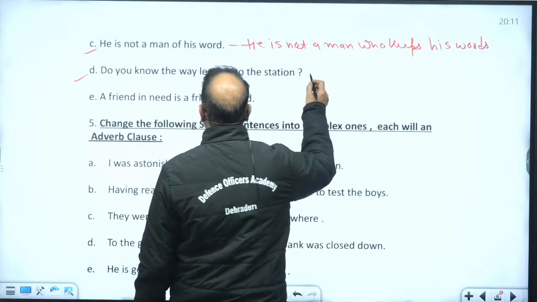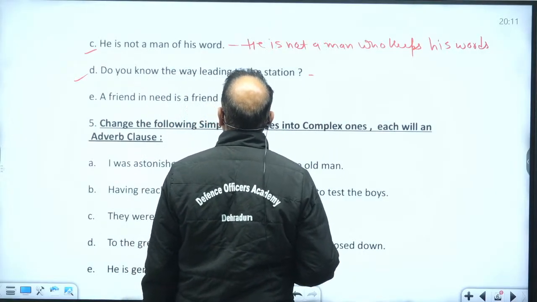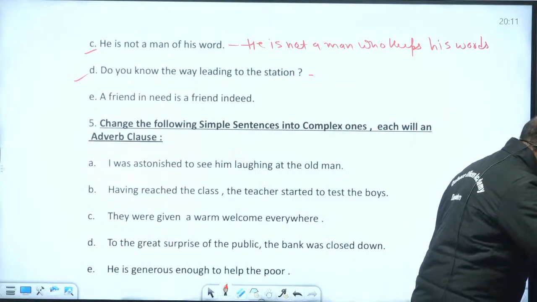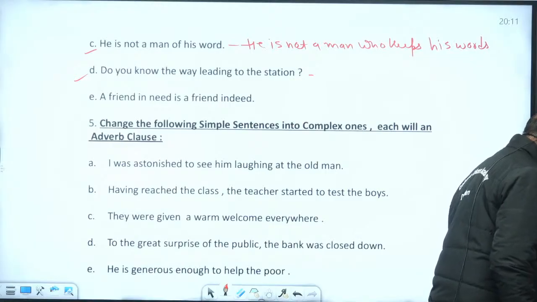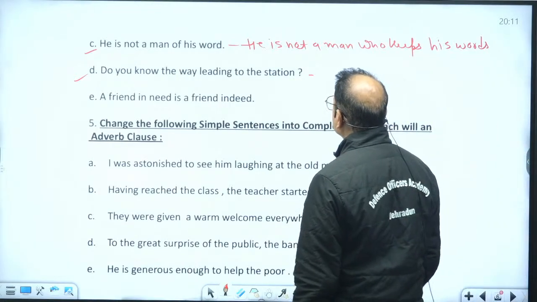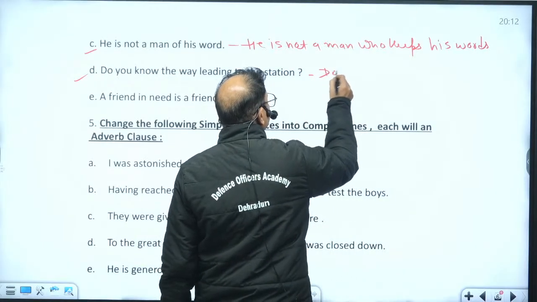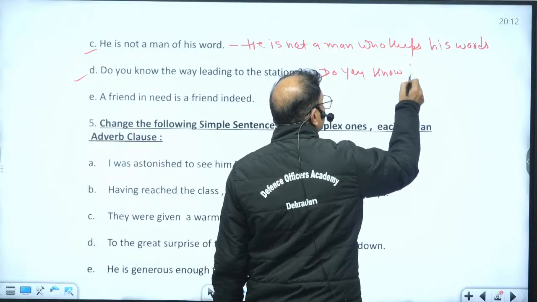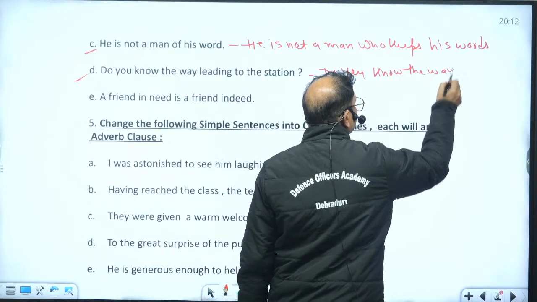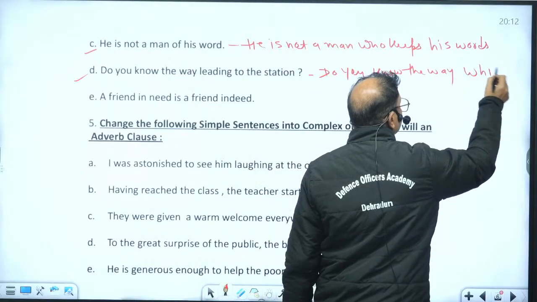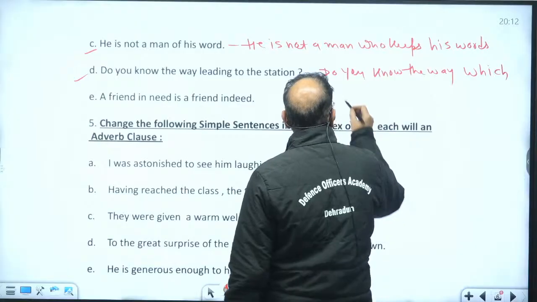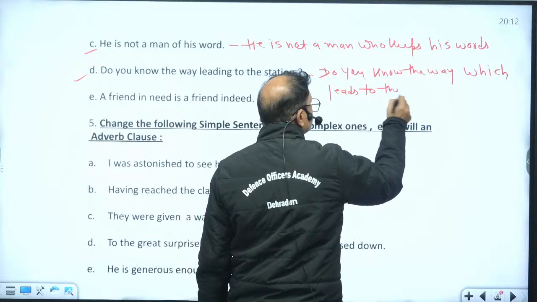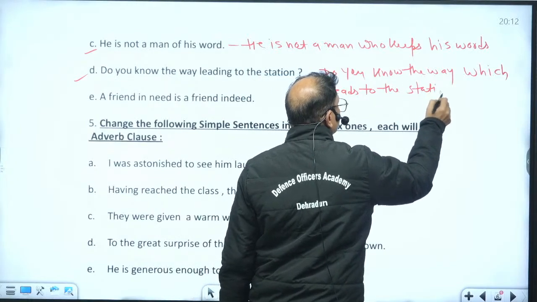Do you know the way which leads to the station.